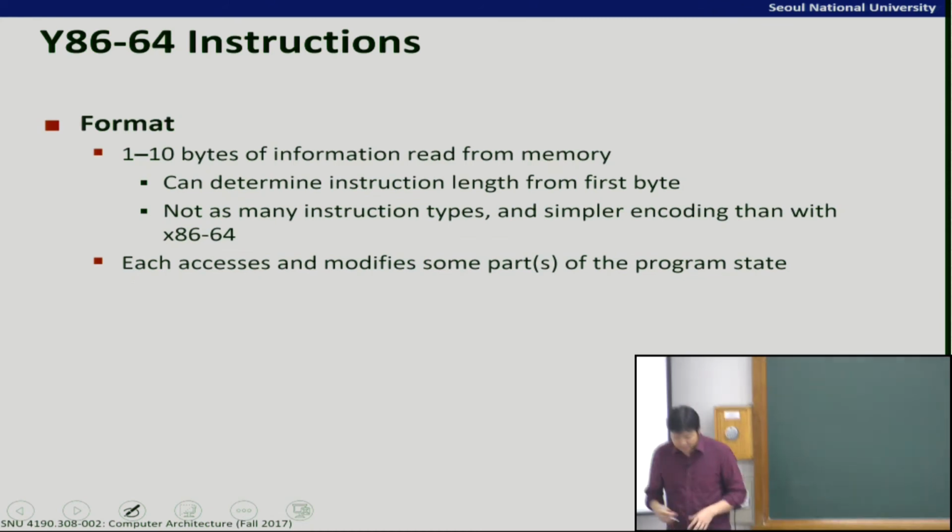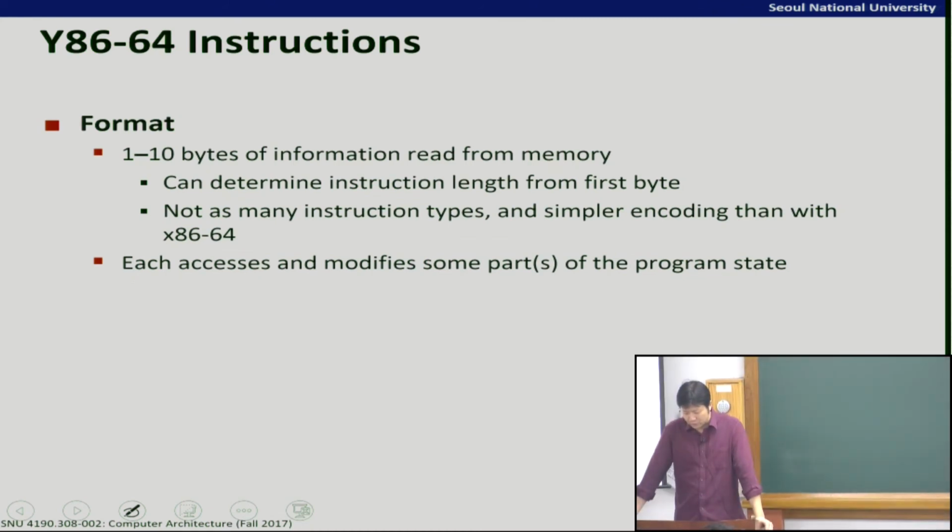There are not as many instruction types as the original x86-64, and the encoding is simpler than x86-64. Each instruction accesses and modifies some of the program state, which was defined 2 slides ago.